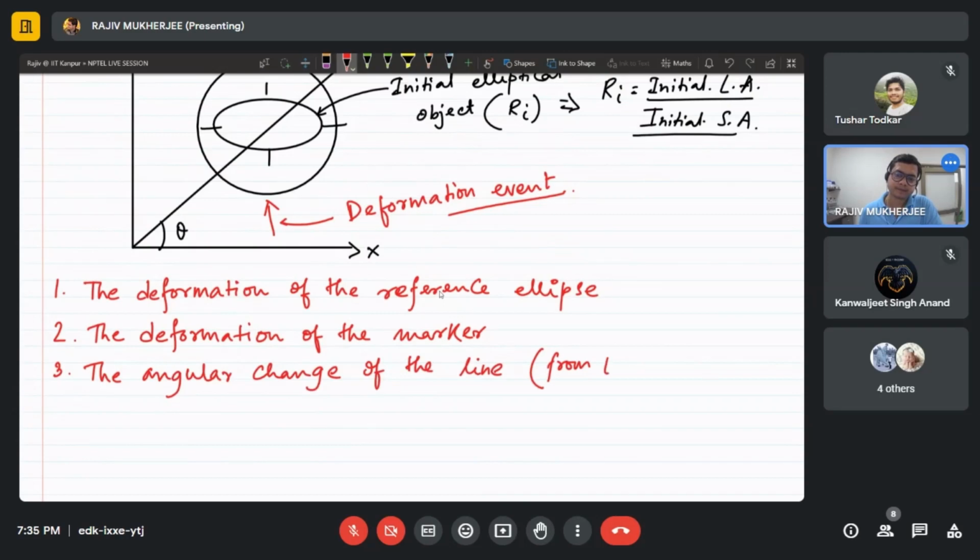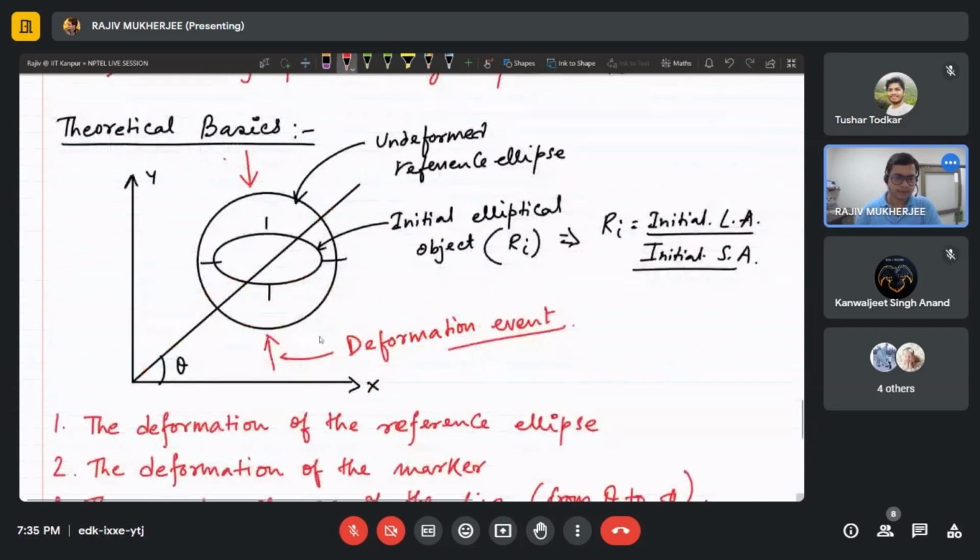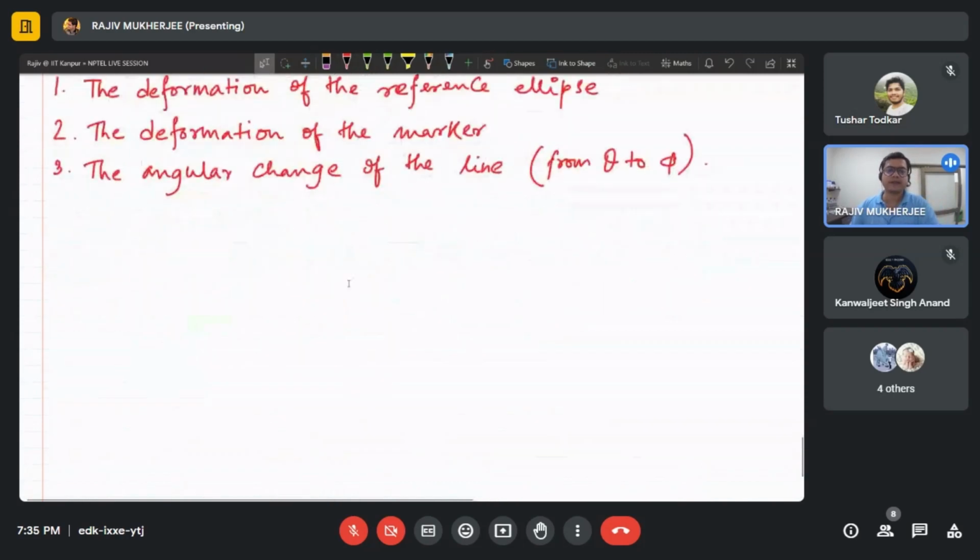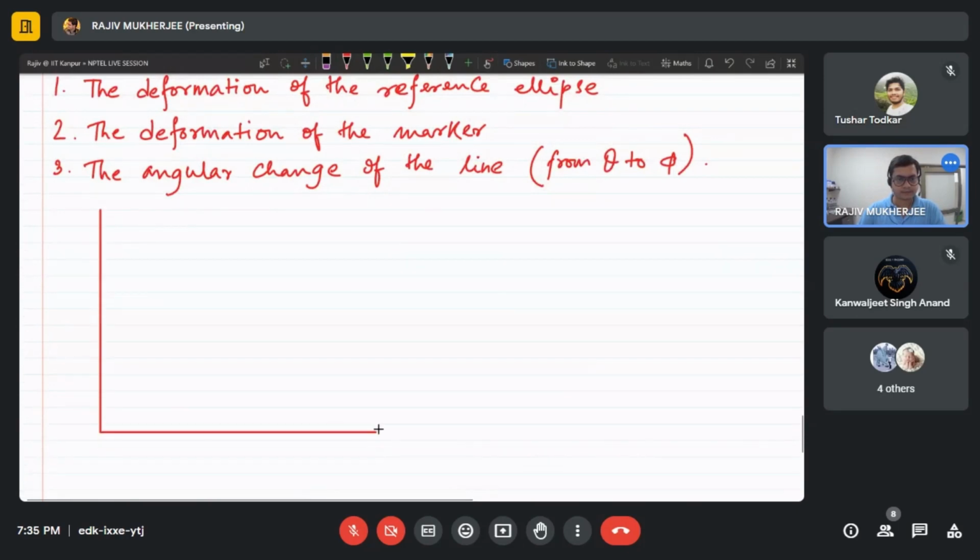So this angle would change, this ellipse would change, and this reference ellipse would deform. So eventually we would get a shape like this, right?